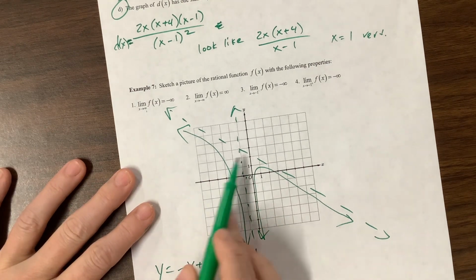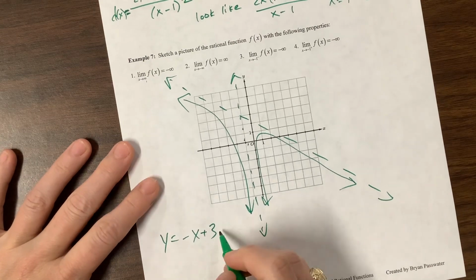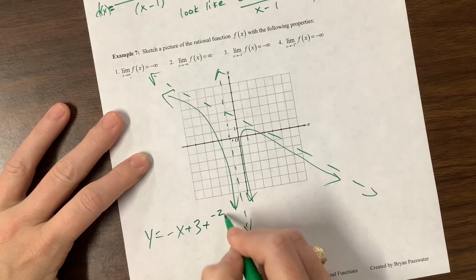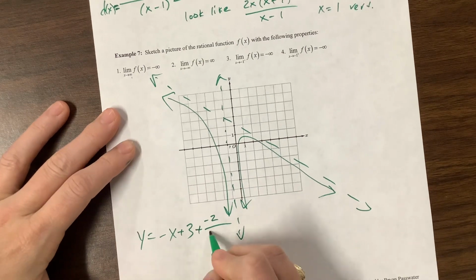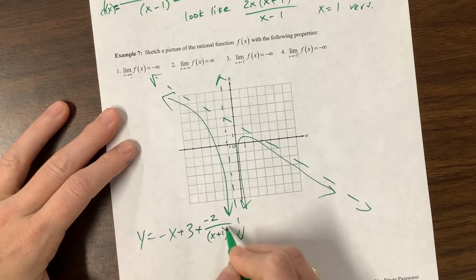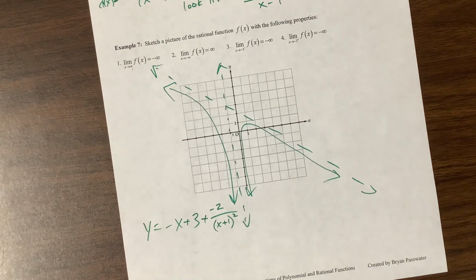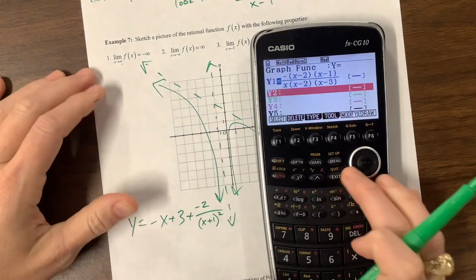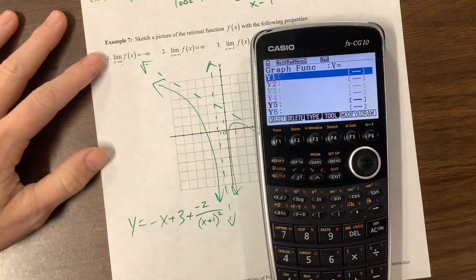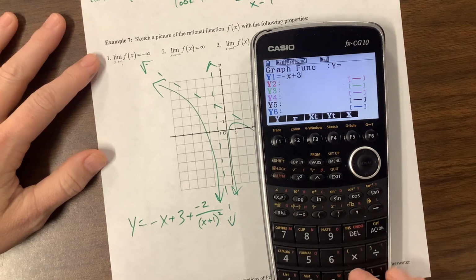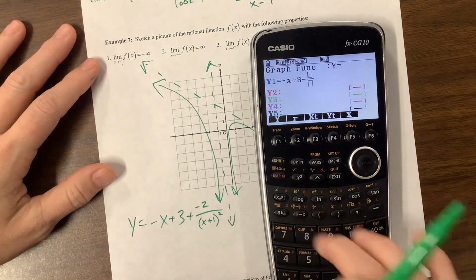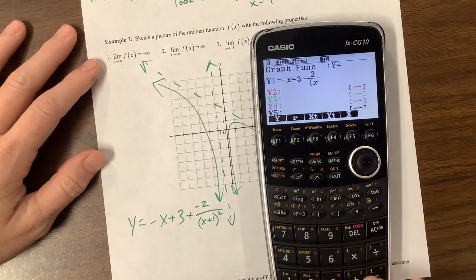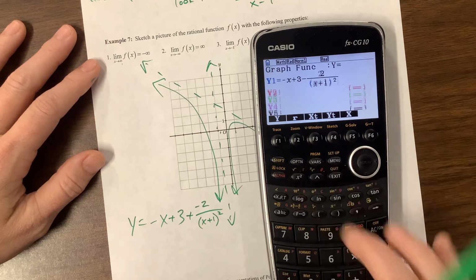I just said it had a slope and it went through 3. And then I said plus -2 over my asymptote was at -1, so x plus 1 squared. So I didn't go ahead and write it in the normal rational function way, but if I type in something like that, I have -x plus 3 minus 2 over (x plus 1) squared.